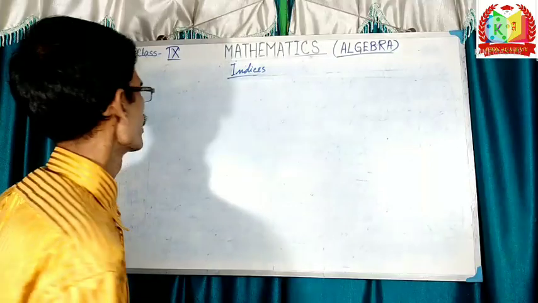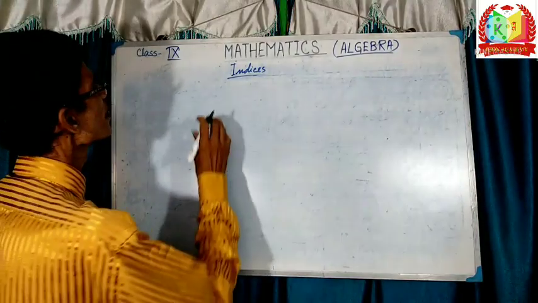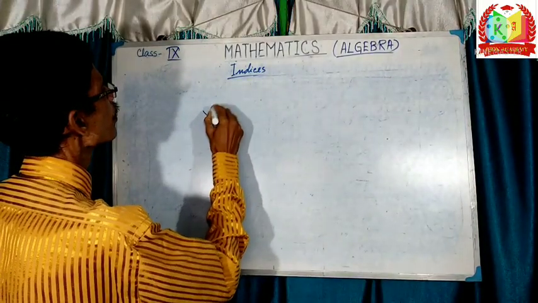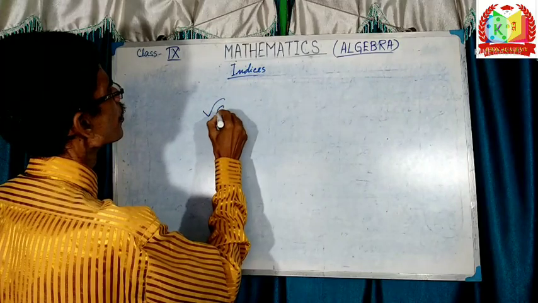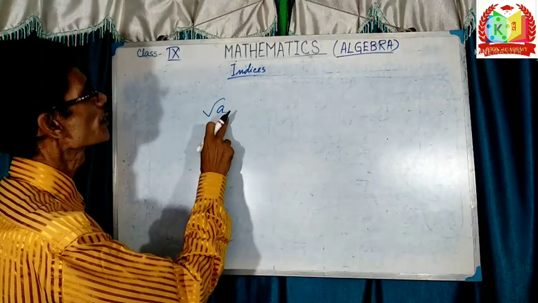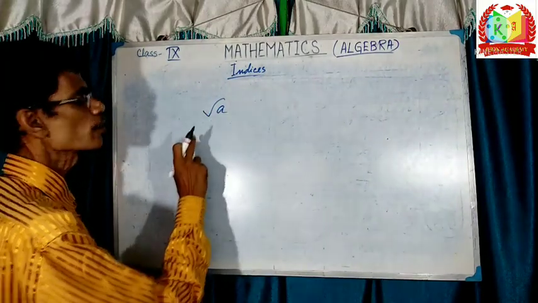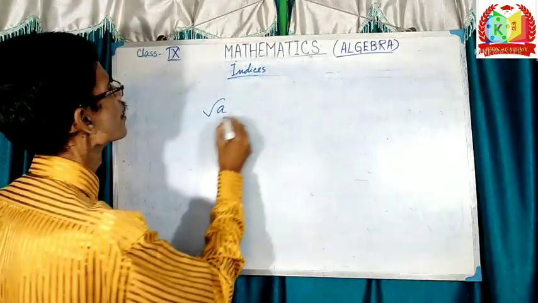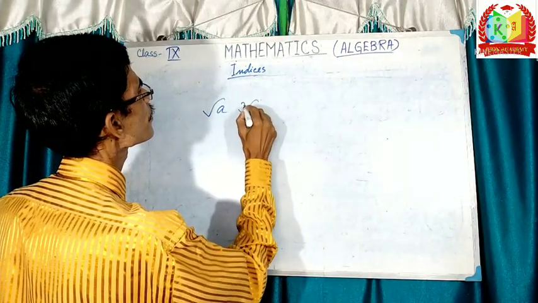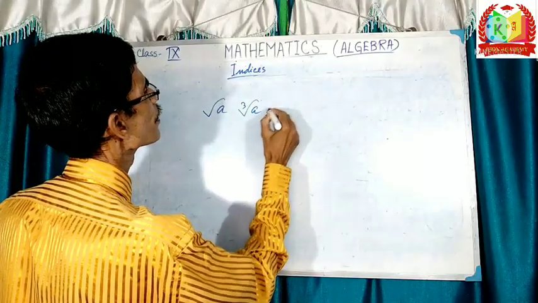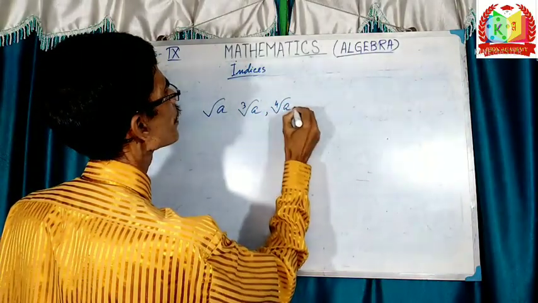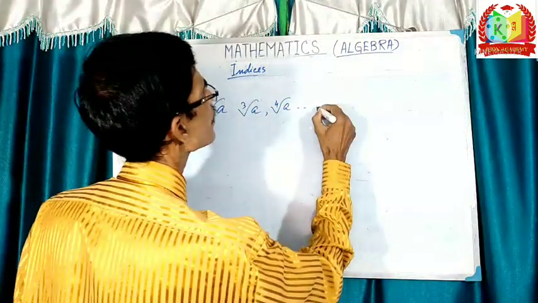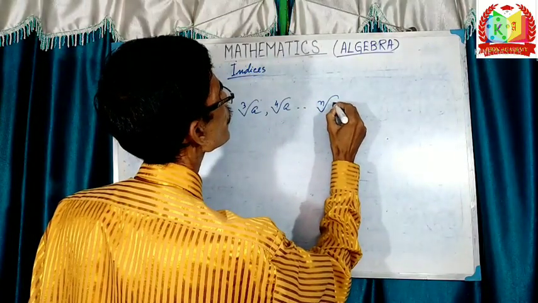Fractional indices. What is fractional indices? We know root a, square root a, cube root a, fourth root a, like nth root a.